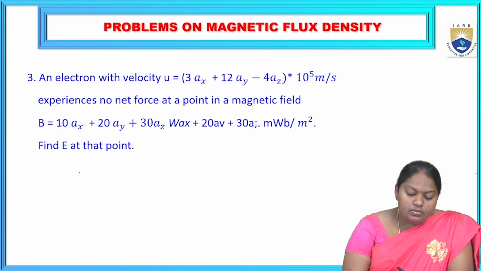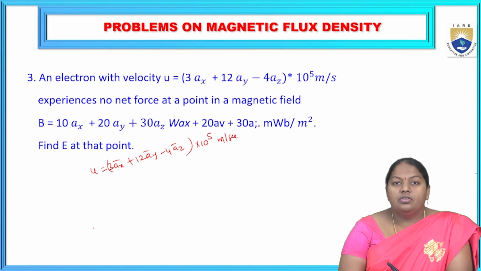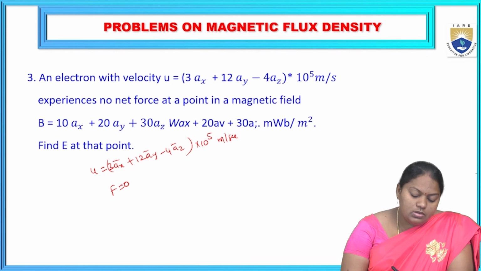Generally, the unit for the velocity of an electron is meters per second, and it experiences no net force. No net force means F is equal to 0 here.